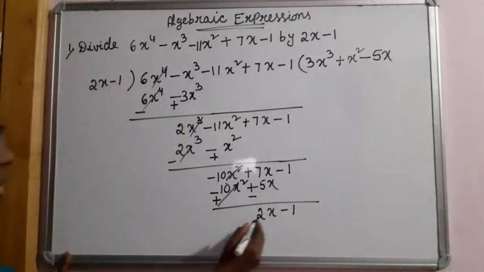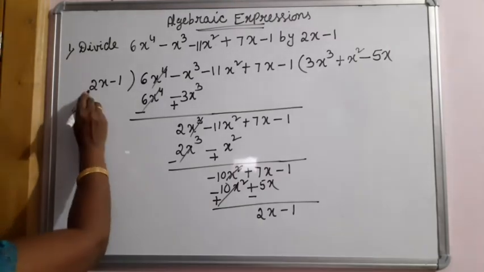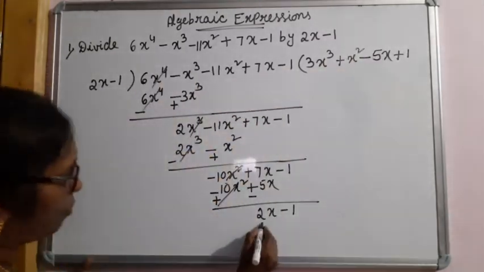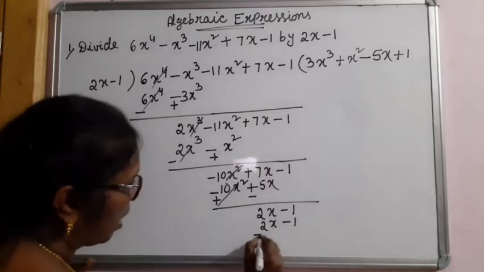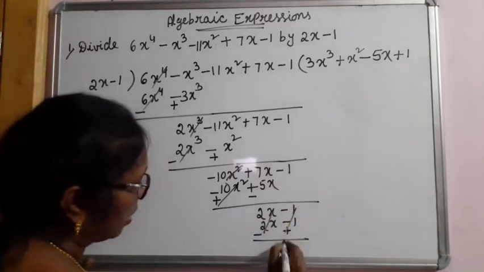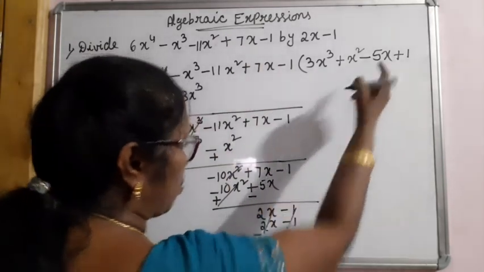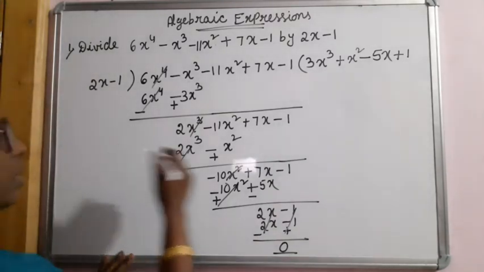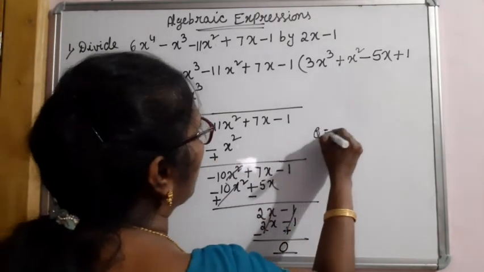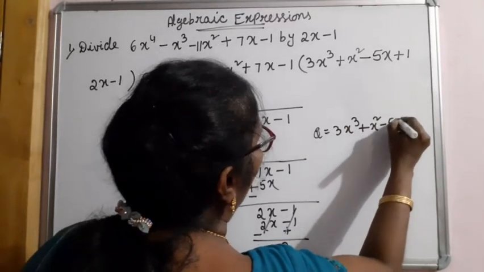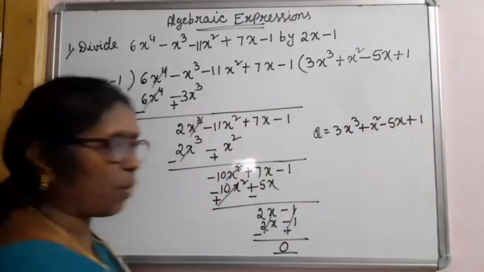Here 2x minus 1, here 2x minus 1. So simply we know that plus 1 gives you 2x minus 1. When the signs change, they both will be cancelled and the remainder is 0. That means the quotient is 3x cube plus x square minus 5x plus 1, and the remainder is 0.